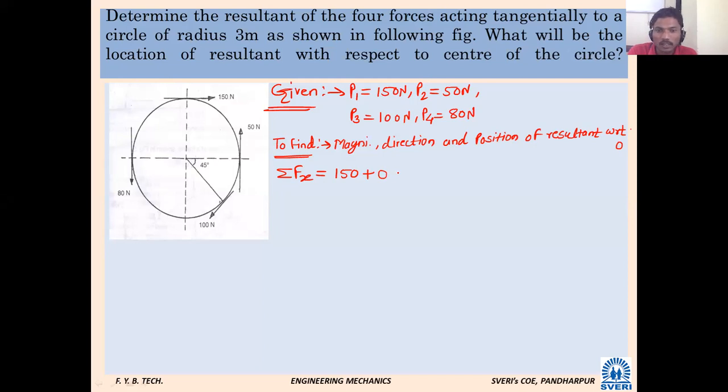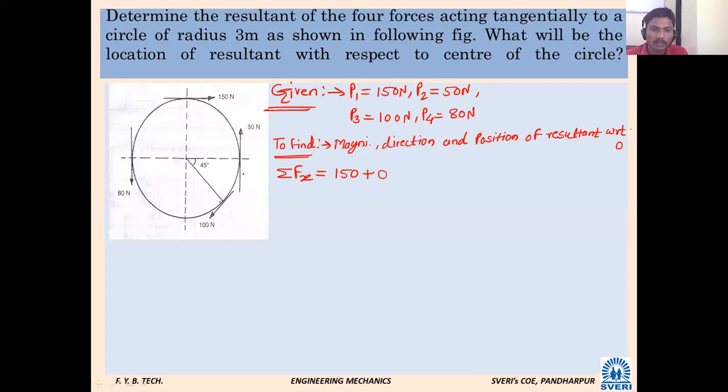Here you have to think a little for the P3 force. You have to find its inclination, either with vertical or horizontal, because that force is inclined. Neither is it vertical nor horizontal.